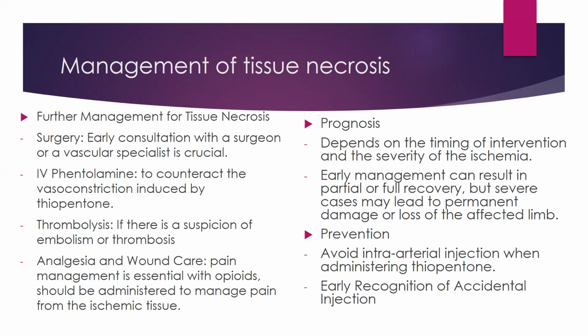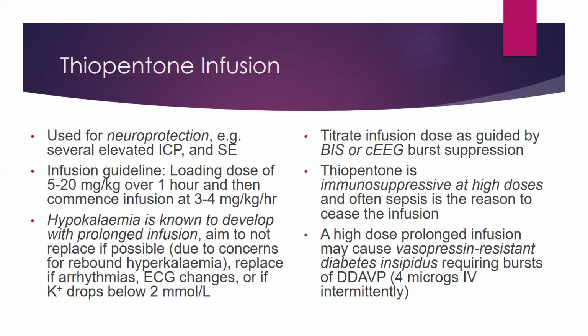Don't forget that, like I said, thiopentone is contraindicated in asthmatics, all right, because of histamine release. These are some of the things that should be on the tips of your fingers when you're using thiopentone. Thiopentone can be given as a continuous infusion, especially for neuroprotection, like I mentioned, in elevated intracranial pressure or a patient with status epilepticus.